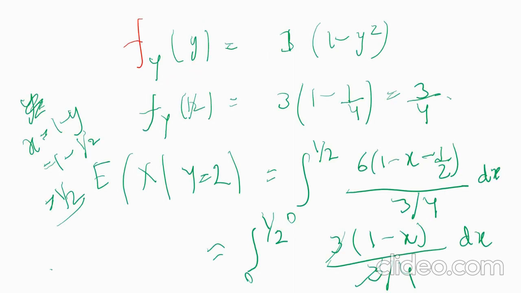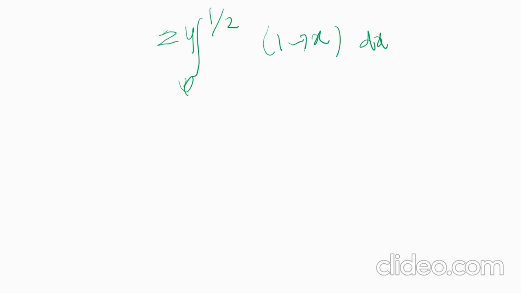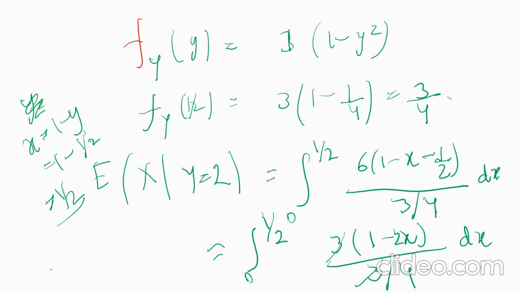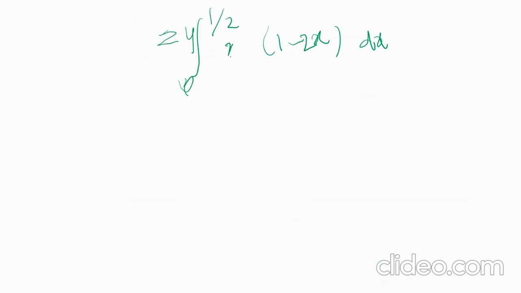So (1 - 2x). Here it is the expectation, so an x will come here. So it will be x.